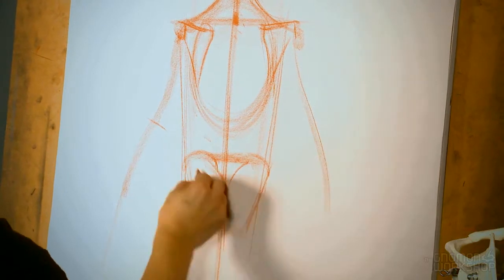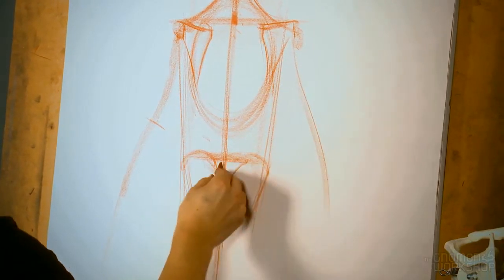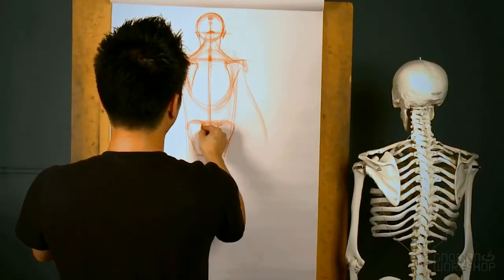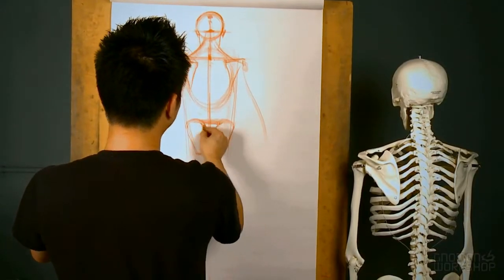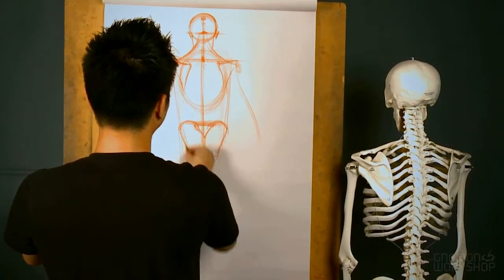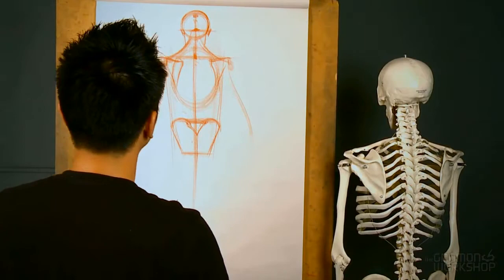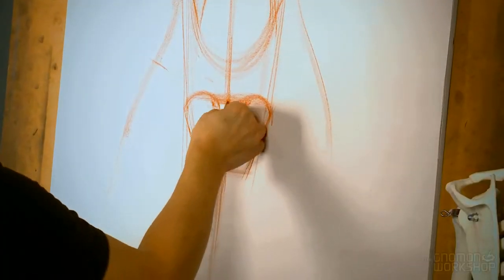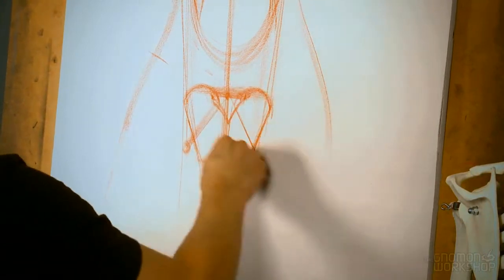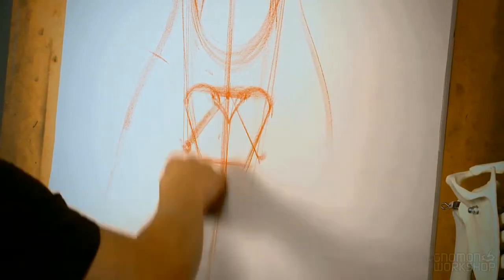Again, the bucket shape, even when we're looking at them from the back view, you have the sacrum, also the iliac crest. I still like to use that triangle to get the greater trochanter, the beginning of the leg bone.